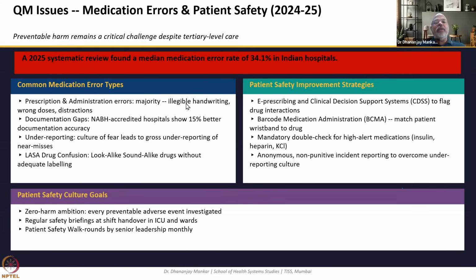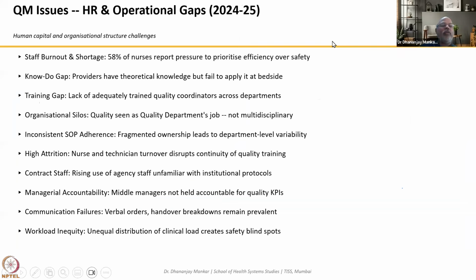That is one reason I can say medication errors are more a reason. I'm not talking about prescription errors, drug doses or administration, which are more in alignment and, I can say, the second line. Medication error altogether, the major reason of medical negligence is only because of medication error. There are many other reasons of medical negligence also, but this is one of the principal ones constituting Indian hospitals.